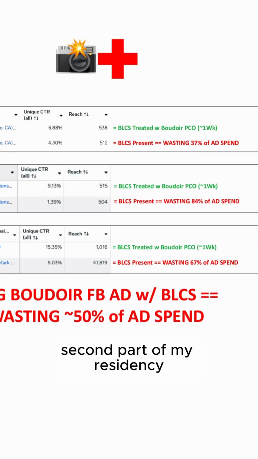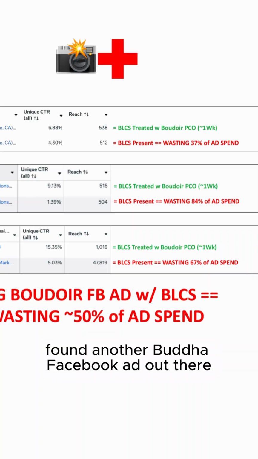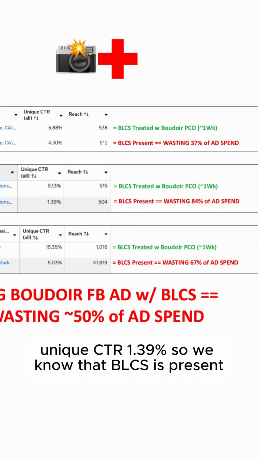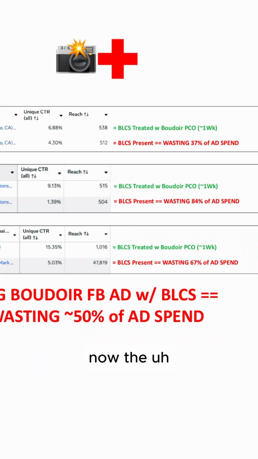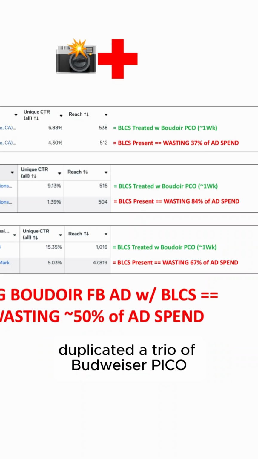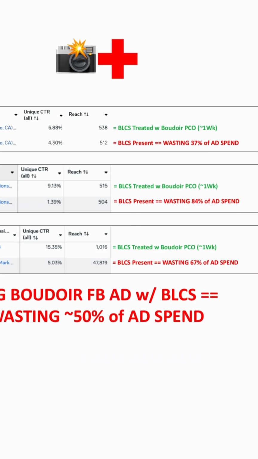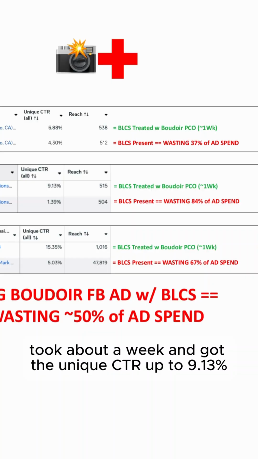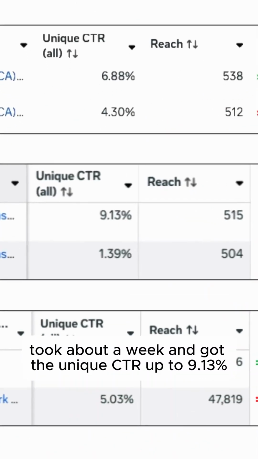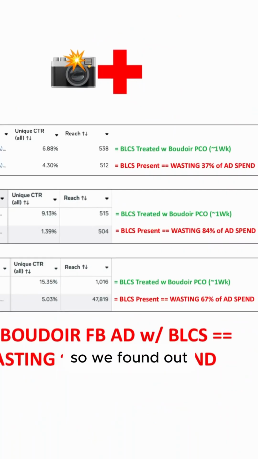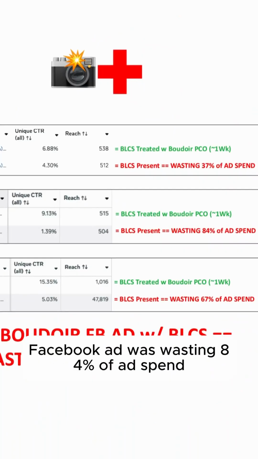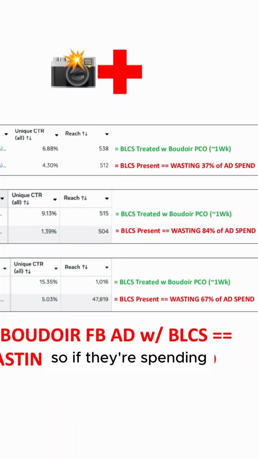Second part of my residency, found another Boudoir Facebook ad out there. Unique CTR 1.39%, under 6%, so we know that BLCS is present. Now we duplicated it, treated with Boudoir Pico, took about a week, and got the unique CTR up to 9.13%. So we found out the original Boudoir Facebook ad was wasting 84% of ad spend. So they're spending 10 grand a month on that original ad.